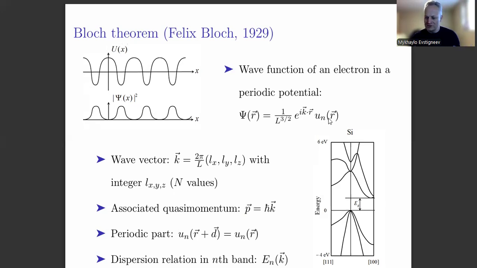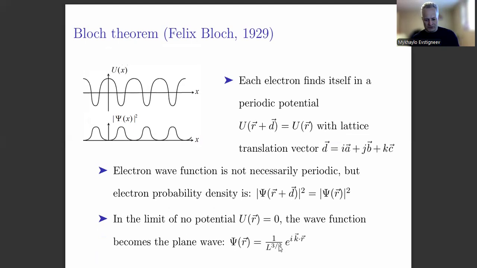For now, I call this quantum number the band index. Now notice that the plane wave solution does not have the periodicity of the crystal lattice, because if you increase the radius vector r by a translation vector d, then the plane wave gets multiplied by a factor exponential to the power i k dotted with the translation vector d.